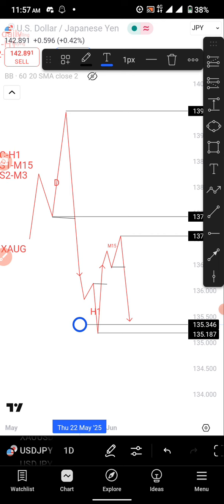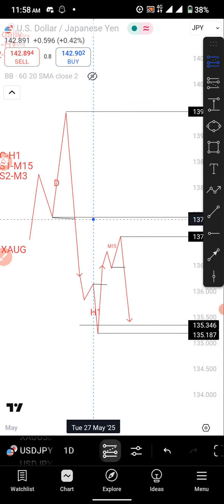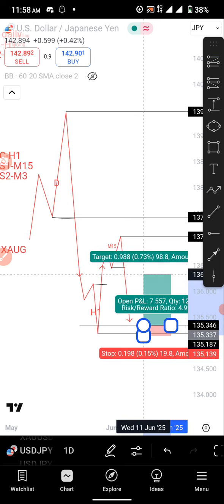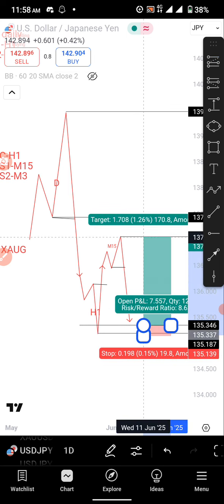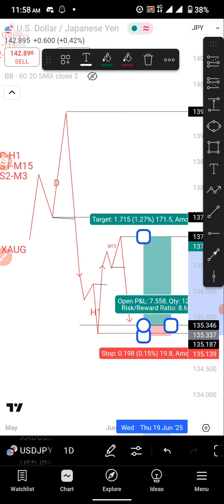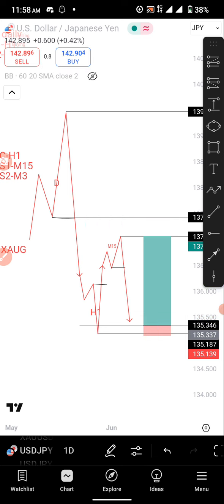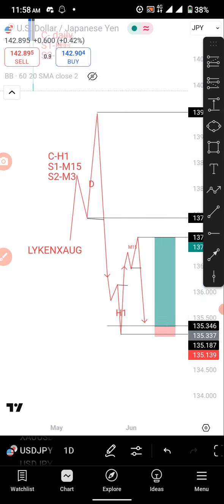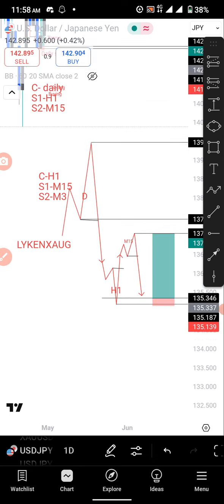Our entry will be on the liquidity area of M3 or M15, and our stop loss will be just below that low. Risk to reward is not bad. That is the way you're supposed to take the entry.